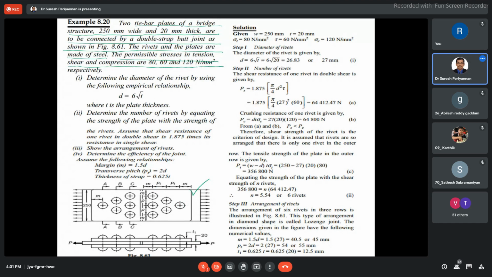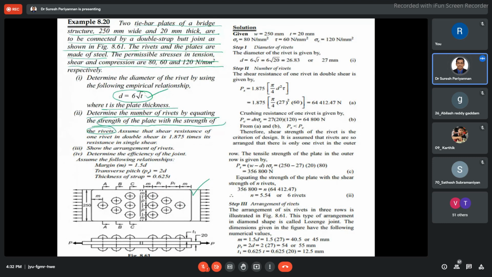Now here they have given the problem. Determine the diameter of the rivet by using this relation, where T is the plate thickness. Determine the number of rivets by equating the strength of the plate with the strength of the rivet.